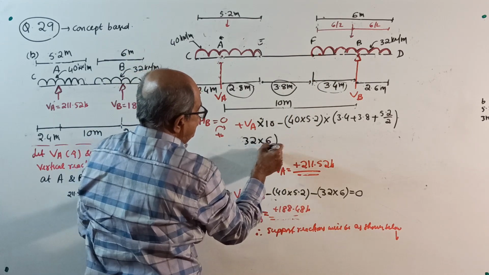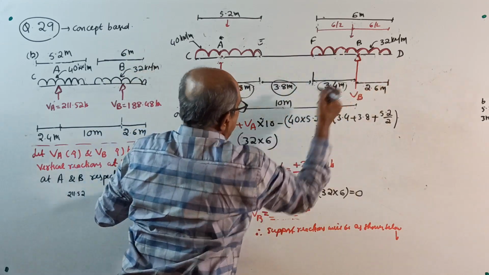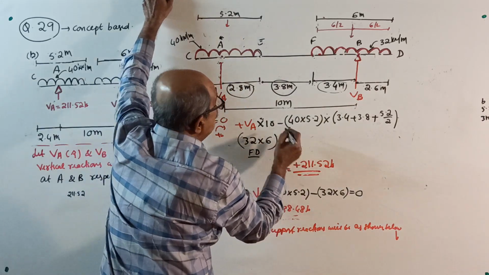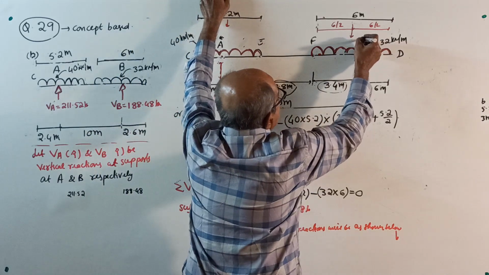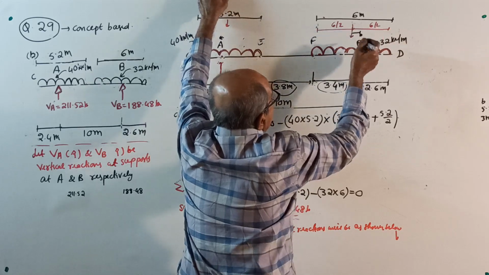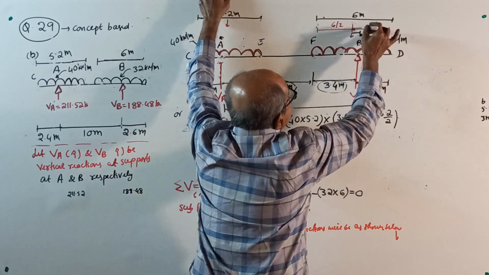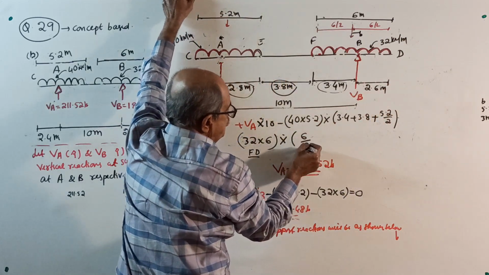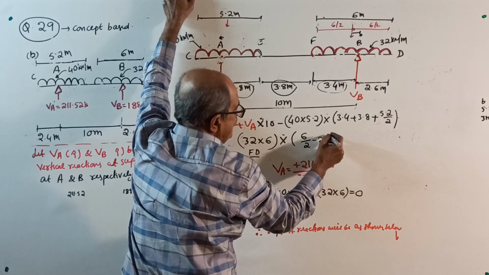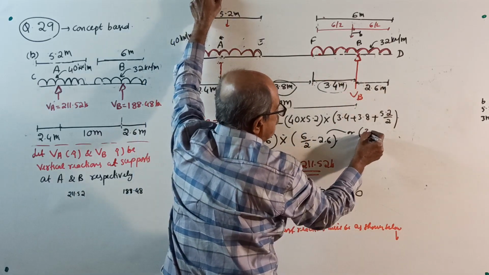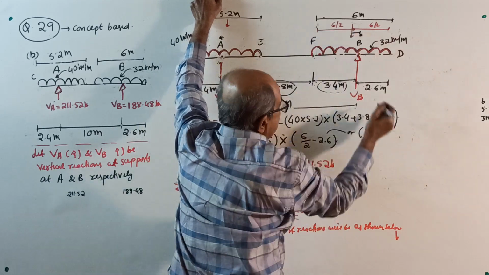32 into 6 is the total load from F to D, a single stretch F to D, into, see here, we want the moment about B into this distance. That is from 6 by 2 subtract 2.6, or from 3.4 subtract 6 by 2.